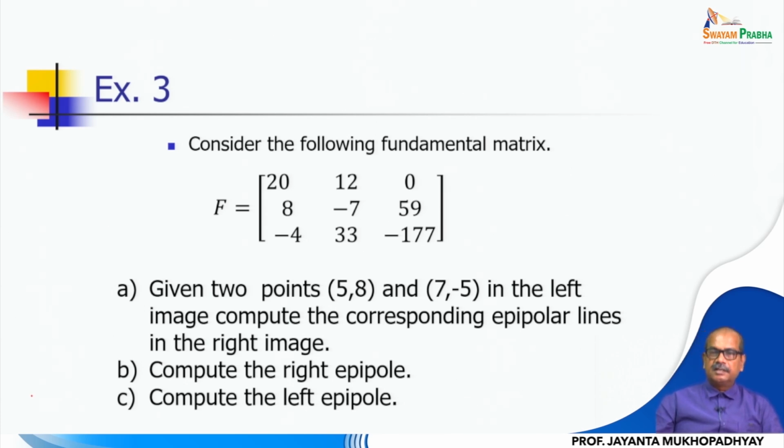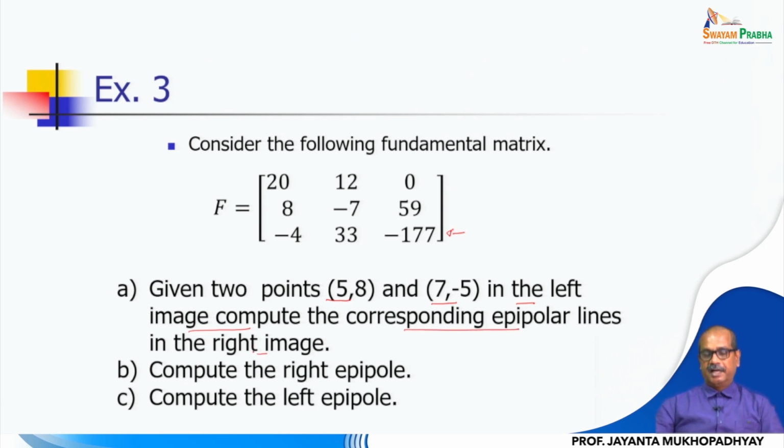Consider a fundamental matrix. Say this is a fundamental matrix which has been shown, and you can see this is a 3 cross 3 matrix. Incidentally, if you take the determinant of this matrix, it will be 0. Now, if I give you 2 points, 5, 6 and 7, minus 5 in the left image, compute the corresponding epipolar lines in the right image.